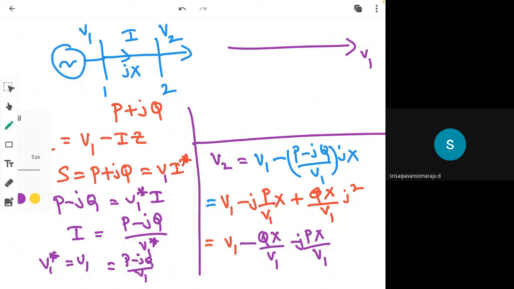Now Qx by V1, so directly you can subtract from the V1. This is Qx by V1. And the quadrature term minus j Px by V1.